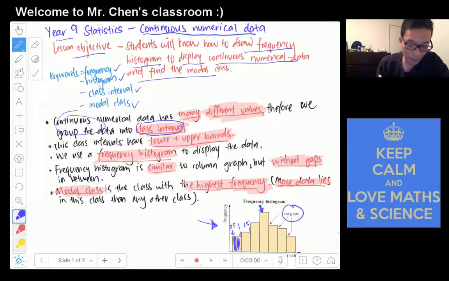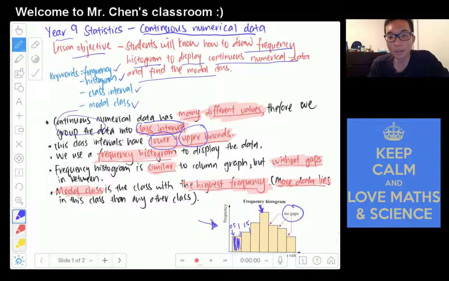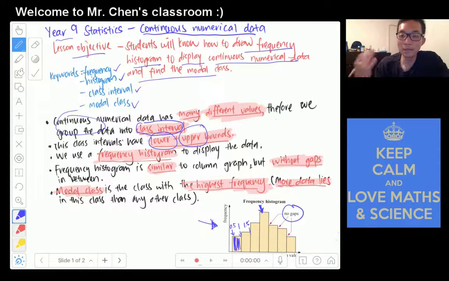Class intervals have lower and upper bounds. Let's say you are recording the height of students in Year 9, for example. Once you get all the data, there's too many values, and it's very hard to plot a graph using that.